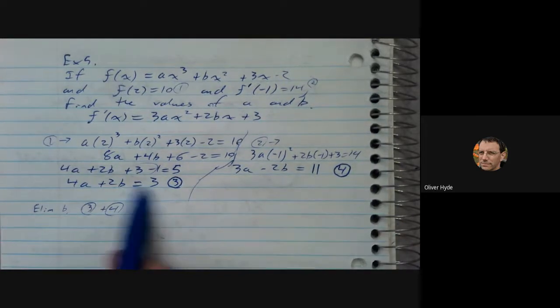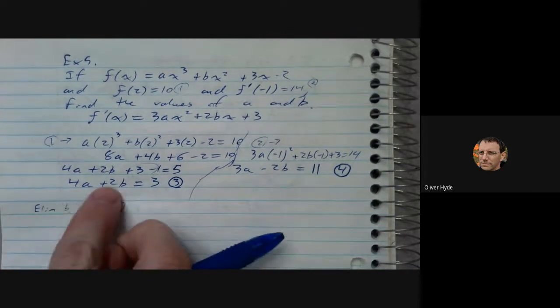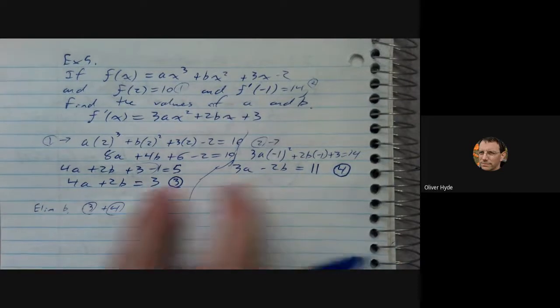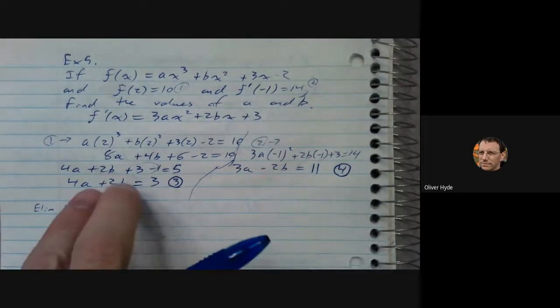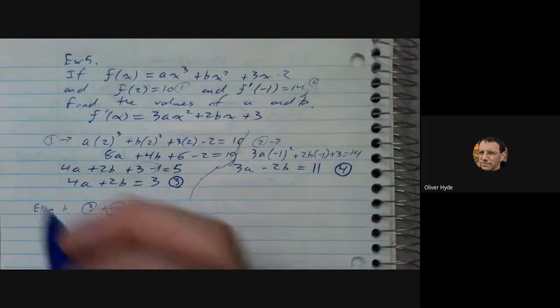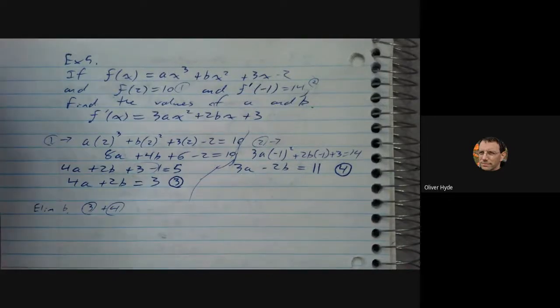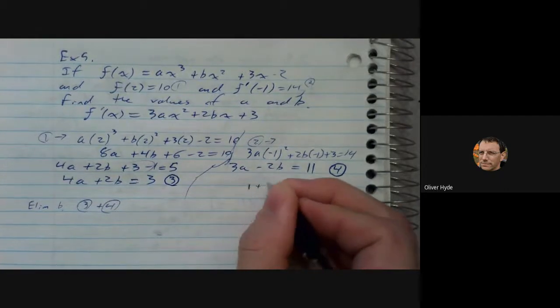Some students require a bit of review here. If this statement is true and that statement is true, then this plus this equaling this plus this will also be true. Let me see if I can come up with a non-silly version of this. 1 plus 3 is equal to 4.